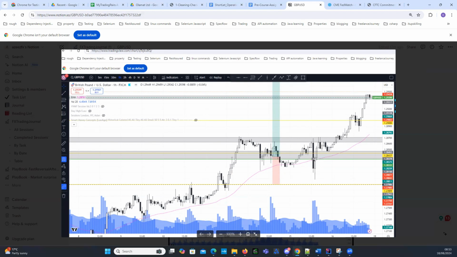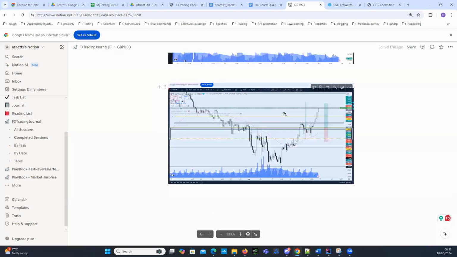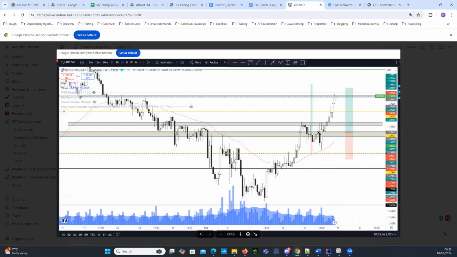And very quickly, it rejected it and went back to the upside. On the 4 hour, this is the rejection down, and it quickly came back up and produced almost 60 to 70 pips on the 4 hour candle.